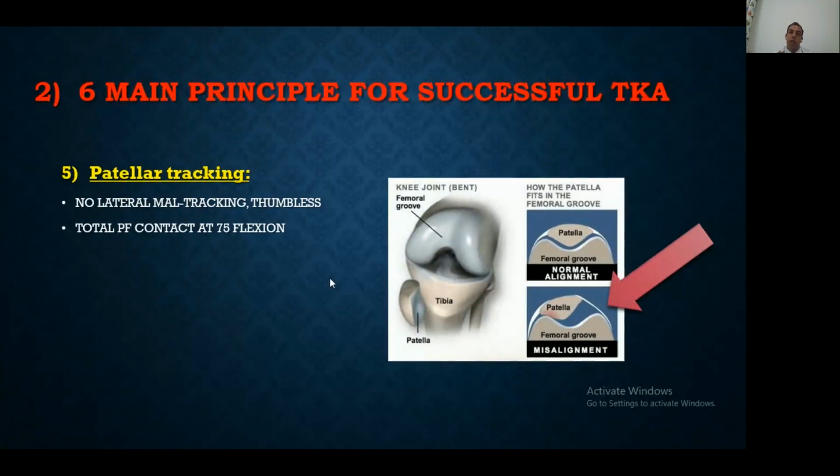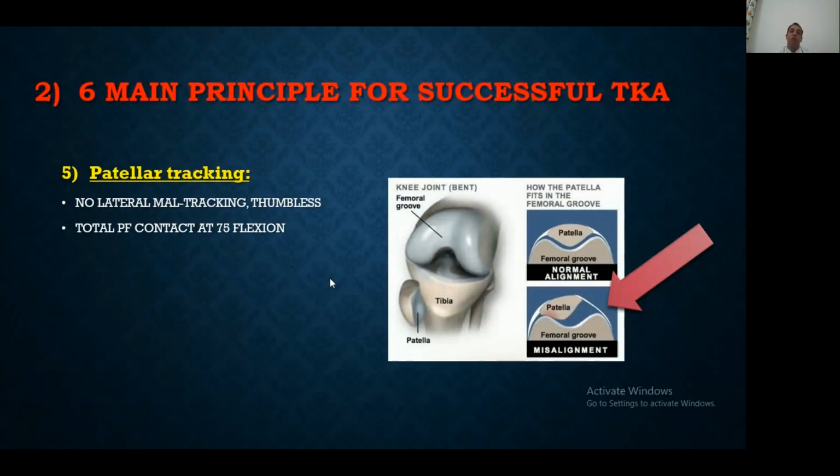And also rotation of the tibial cut can affect the Q angle of the extensor mechanism, which can lead to patellar maltracking. So you have to make sure that you have a proper tibial cut, and also make sure that the patella is properly tracking in place.